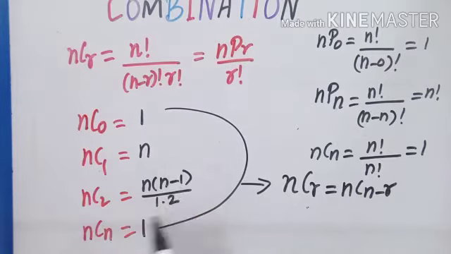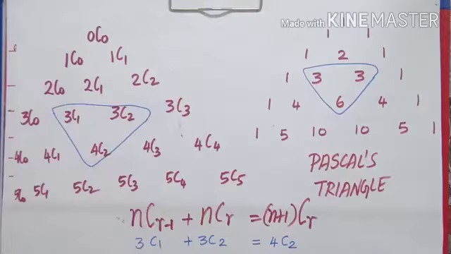So the basic idea, NC2 is n into n minus 1 by 1 into 2. Whatever we did in the previous exercise, almost the same pattern, but divide by the factorial of whatever number is here. As we do exercises, we will be a little more thorough.